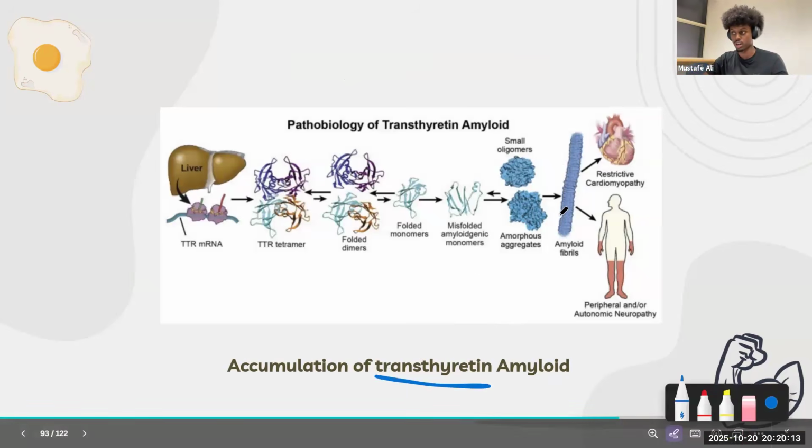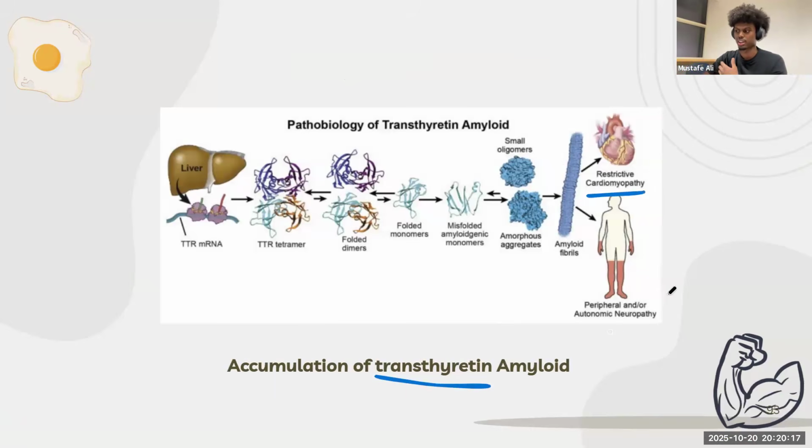It can go to the heart and lead to restrictive cardiomyopathy, or it could go to the periphery, leading to peripheral neuropathy. Do I need you to remember both of these? No. I just need you to know accumulation of transthyretin protein, goes to the heart, becomes toxic there, goes to different other places, becomes toxic there. Just remember the transthyretin protein and that it aggregates and can lead to cardiac amyloidosis. Okay? That's all I need you guys to know.